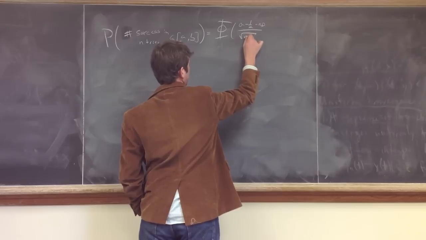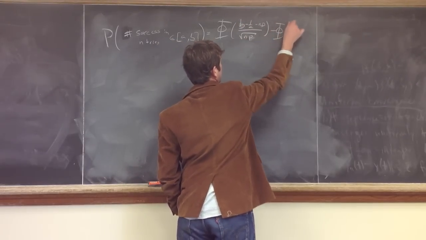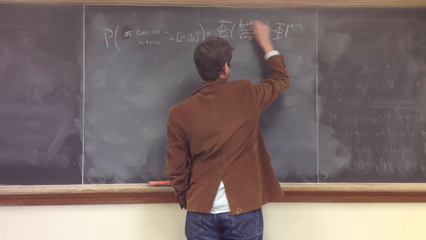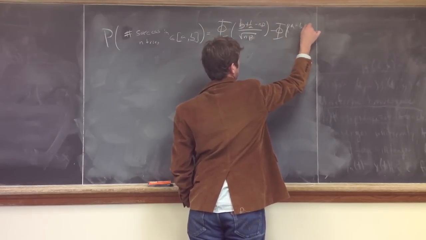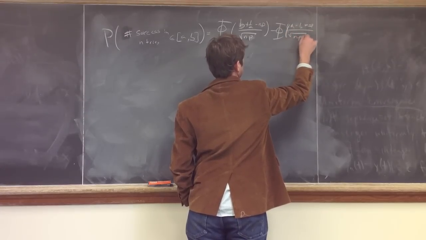Same mistake as I always do. I should have a b here, and it should be minus, minus np over square root of npq.